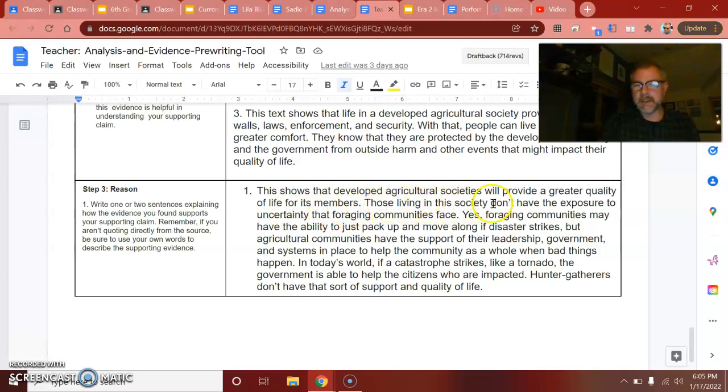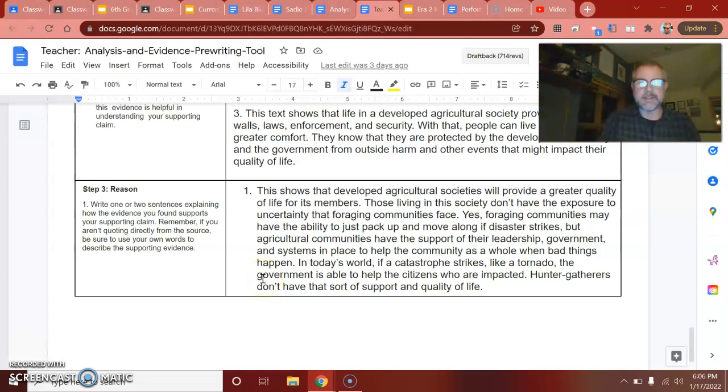Those living in this society don't have the exposure to uncertainty that foraging communities face. Foraging communities may have the ability to just pack up and move along if disaster strikes, but agricultural communities have the support of their leadership, government, and systems in place to help the community as a whole when bad things happen. So they have all these supports around them.